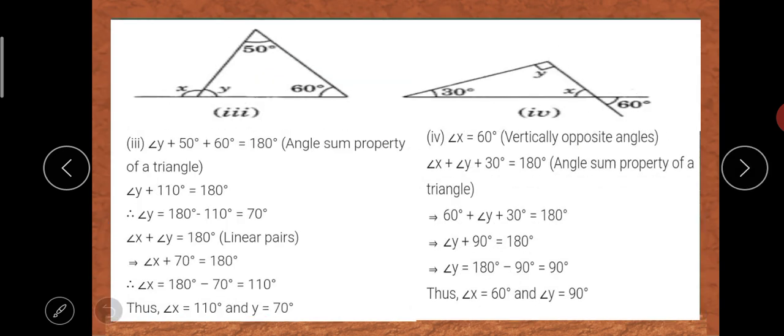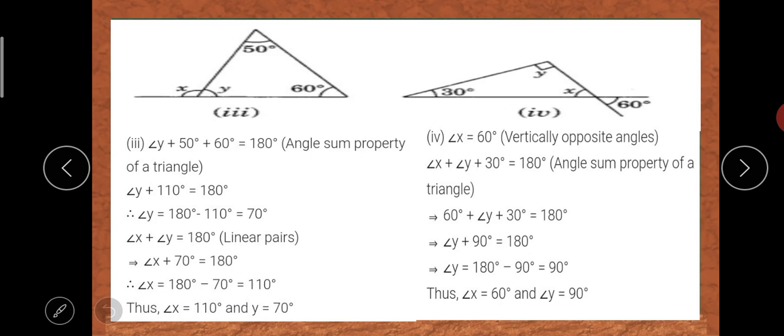Now third question, see. Here what is given? Y is given, plus one side given, that is 50 degrees, and the second one is 60. So first we will find the value of y. So how will we find it? Y plus 50 plus 60 equals 180. Every time you have to write the reason, which property we are using.